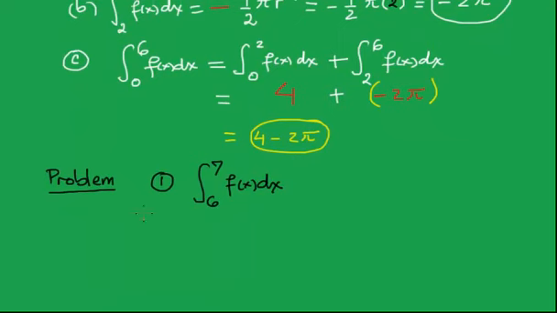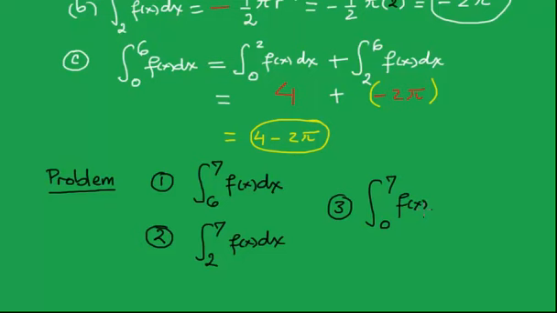So you do that, and the second one, I want you to compute the integral from 2 to 7 of f of x dx, and the third definite integral that you can do for practice would be from 0 to 7 of f of x dx. So what you should think about here are adjacent intervals, exactly the way I did for part C, for example.